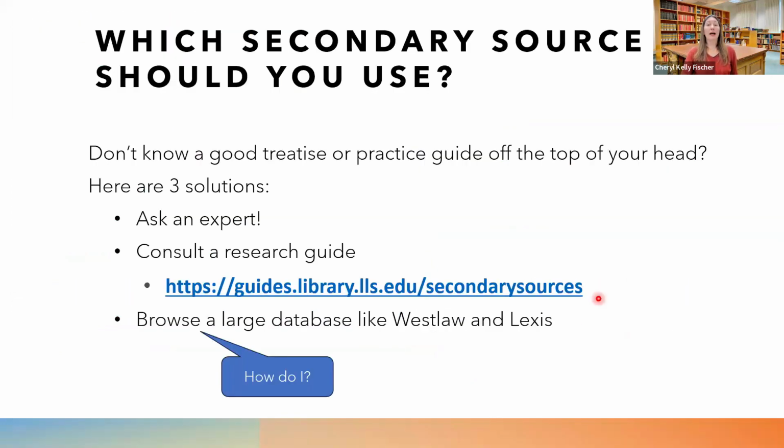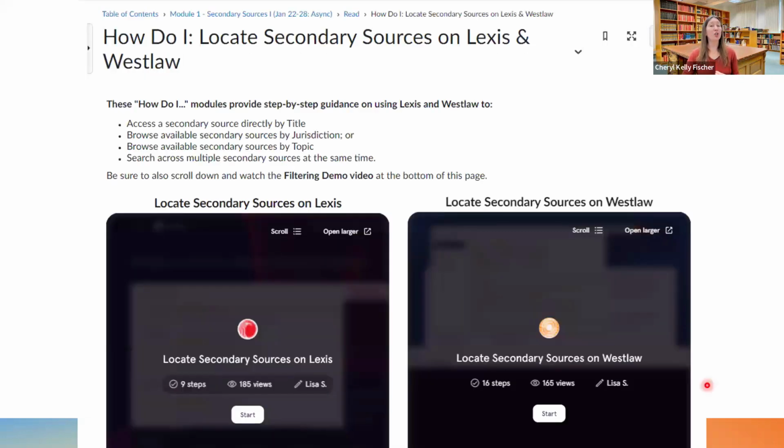Okay, now if I ask you to provide me with a title of a jurisdiction-specific, topic-specific secondary source on CivPro and Lexis, could you instead go straight to Lexis and search in there for one? Of course. And there are how do I's in Module 1 that talk you through how to do that.